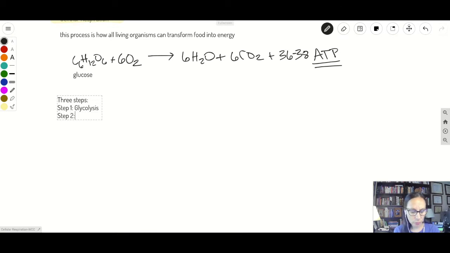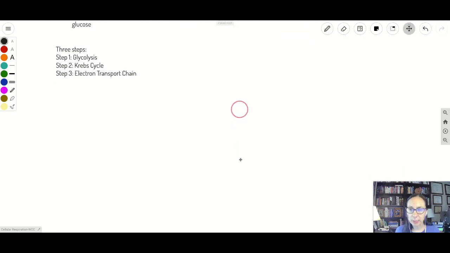Step 2 is called the Krebs cycle. And step 3 is called the electron transport chain. Those are the 3 steps, and I'm going to go into some detail about these 3 steps.